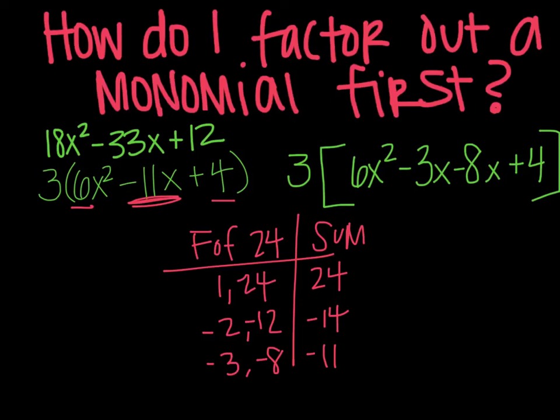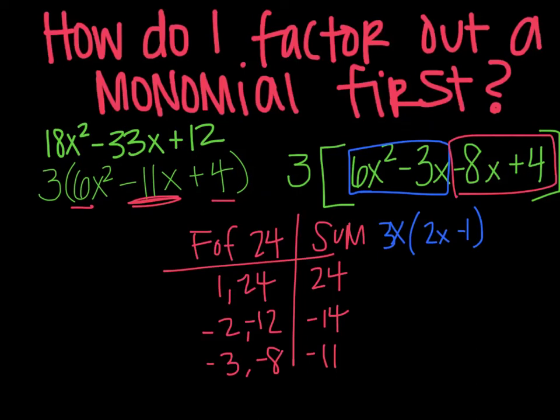We're going to factor out. So chunk it. This would become 3x would get factored out, and then you would be left with 2x minus 1. And factor out from here, and you would factor out a negative 4, and then you would be left with 2x minus 1.